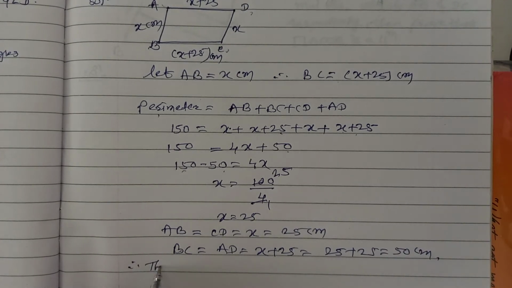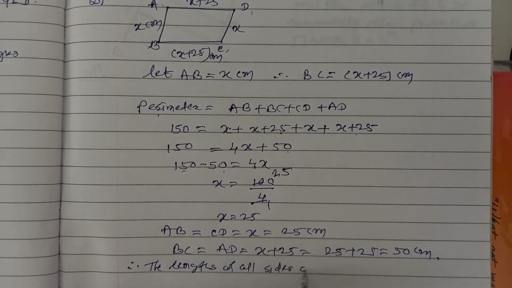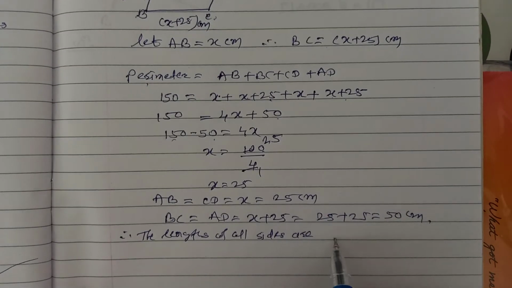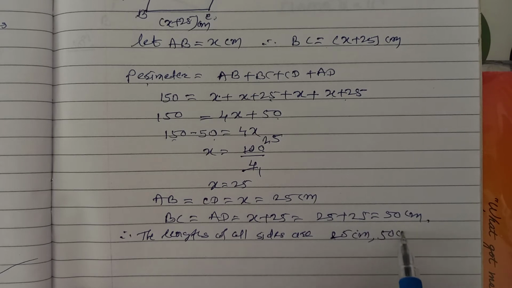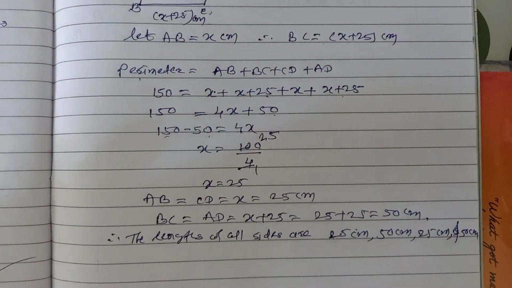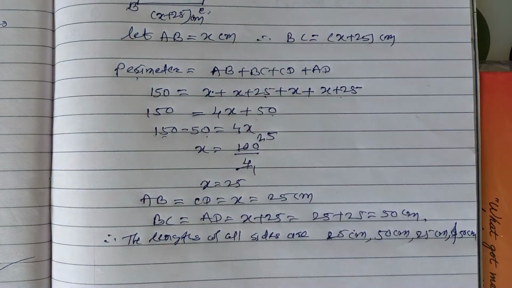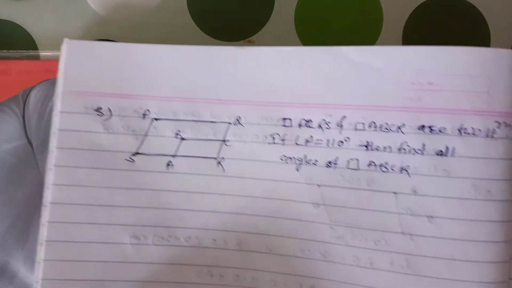Therefore, the lengths of all sides are 25 centimeter, 50 centimeter, again 25 centimeter and 50 centimeter. Okay, this is the answer of this second example. Very simple examples. So the third one we will see somehow different.